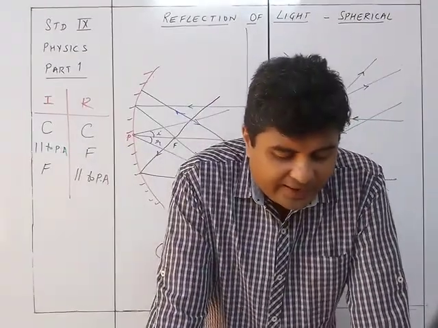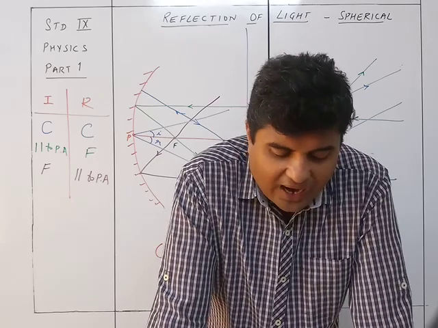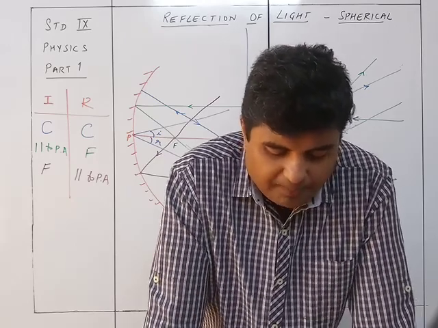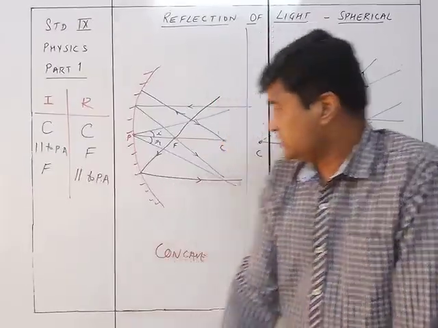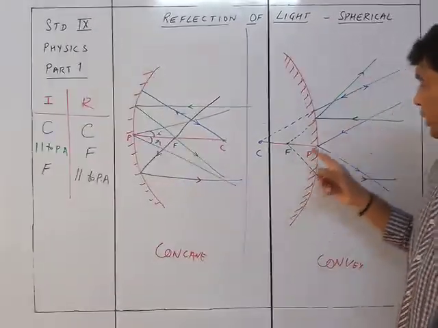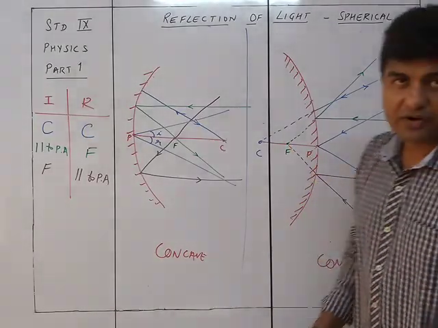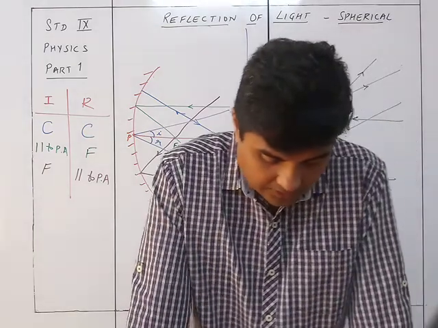Third, a ray either incident from the focus or converging at the focus, after reflection from the spherical mirror, becomes parallel to the principal axis.